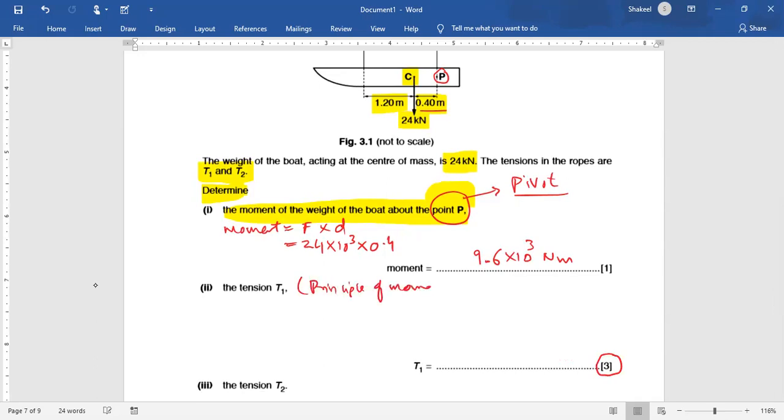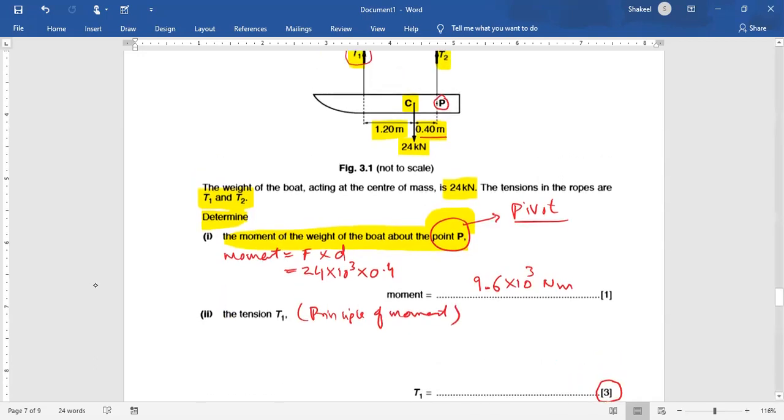Principle of moment. Okay, when you apply principle of moment over here, first thing is P, F, D, and T: pivot, forces, distances, and type of moment. Pivot is P, it is clear. Forces: T1 is the force, T2 is the force, and then 24 kilonewton is the force. That's already given. And then the distances are all already given.